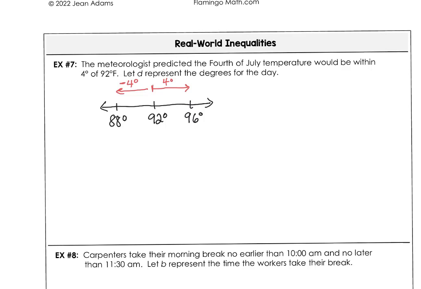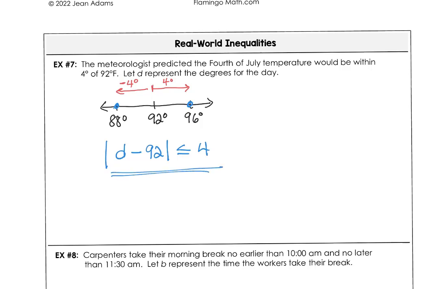To write that as a prediction, D represents the degree. The middle is 92, so the absolute value of D minus 92, and it's going to be within 4 degrees. So we got to be within 4 degrees, would be less than or equal to 4.